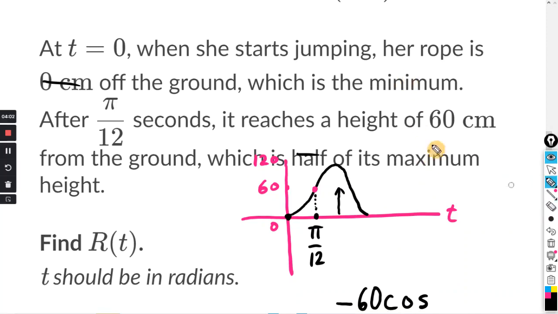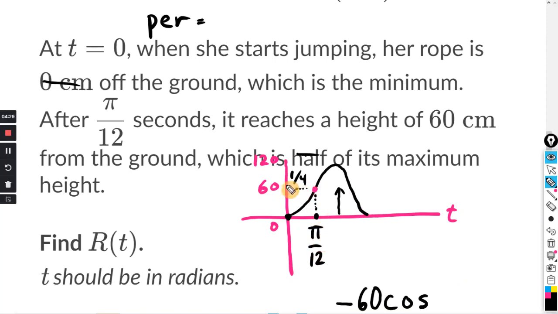For the period, we went from minimum to the midline, because we said half the maximum. We went from minimum to the midline in pi over 12. This distance right here is only 1/4 of the period. Remember, the period has to go all the way from minimum to maximum back to minimum. So this section is only 1/4.